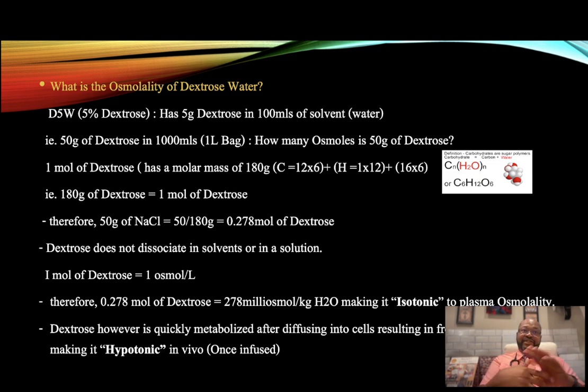Sometimes people will ask you whether D5 water is an isotonic solution or a hypotonic solution. The truth is it's an isosmolar solution in the IV bag, but it's a hypotonic fluid once it's infused, because of the semi-permeable membrane, the dextrose diffuses into the cells, and you're left with a hypotonic fluid. So it is hypotonic once infused.